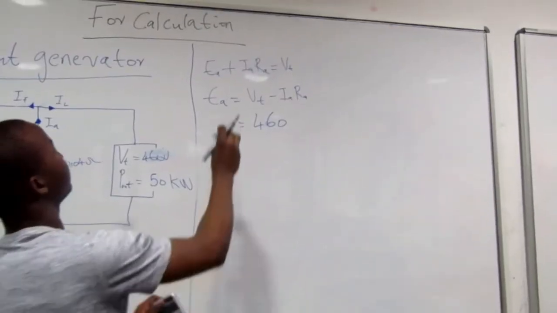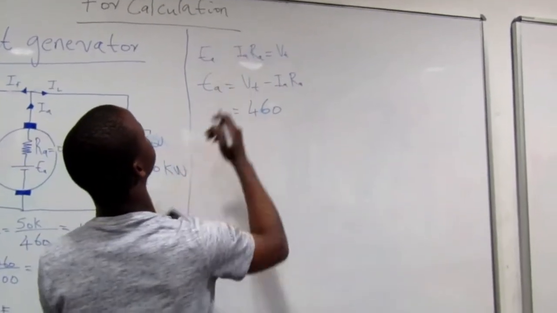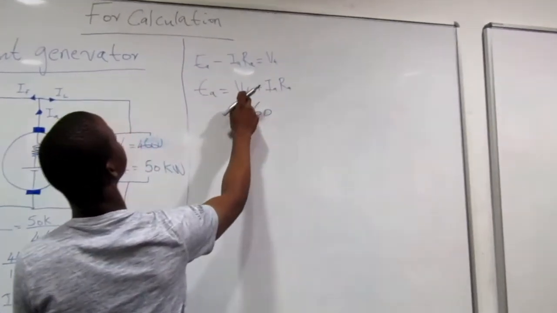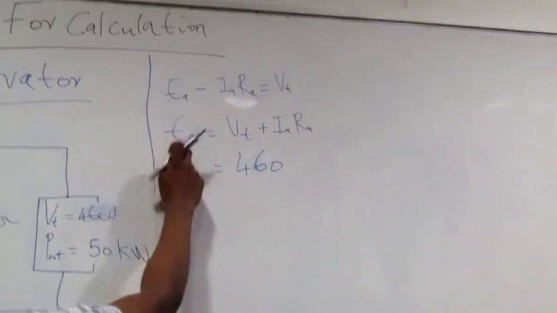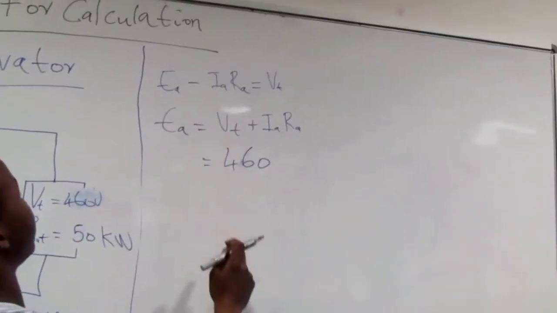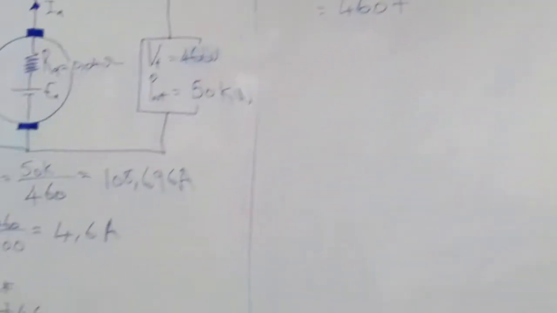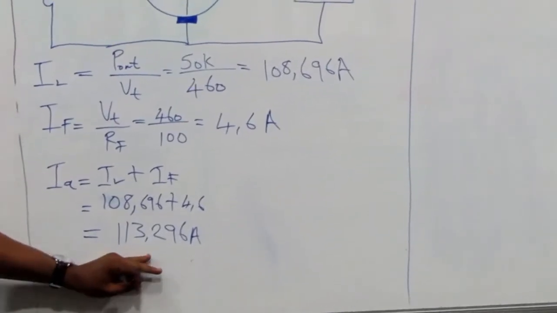Therefore our V terminal is 460... No, I made a mistake here. It's positive. Here we are going to add, since this EA is greater than V terminal. Remember our IA we got as 113.296.